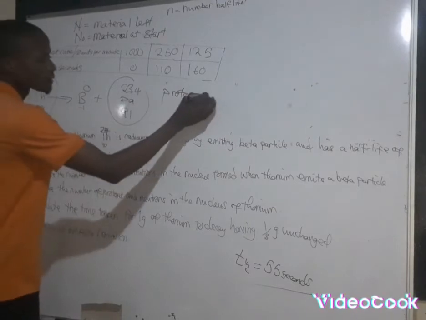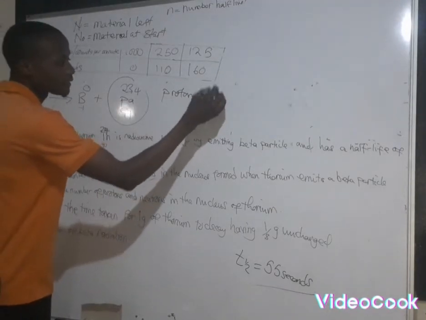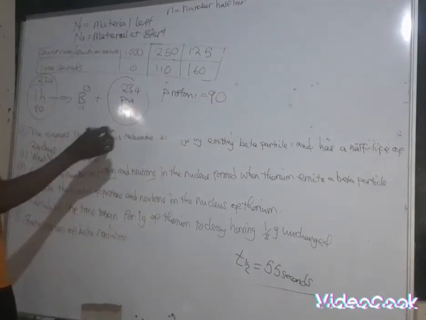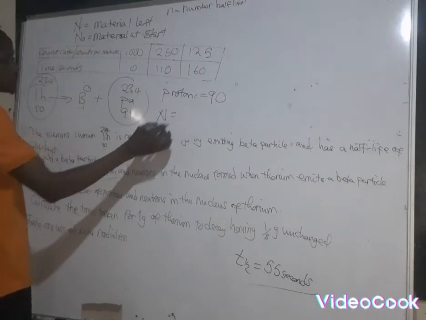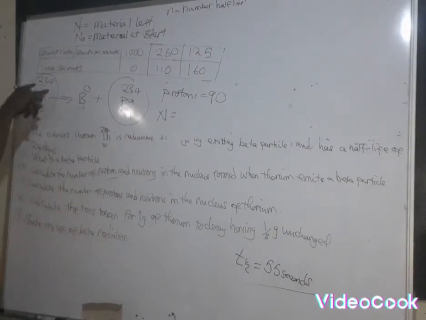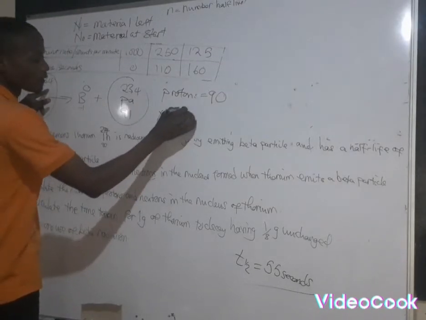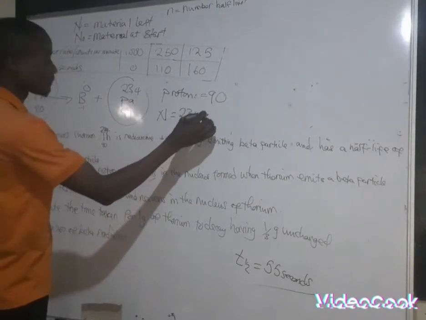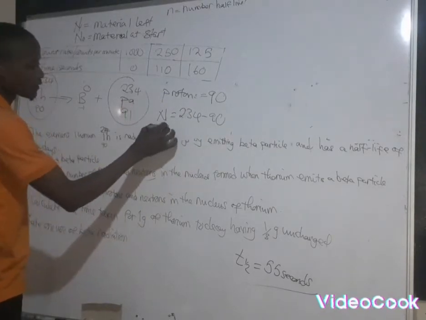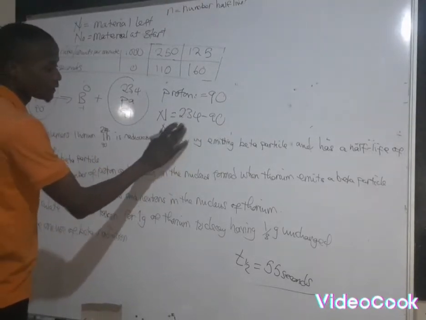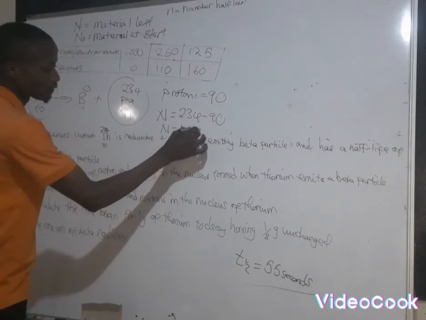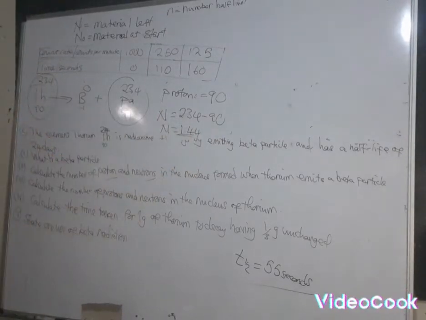Then how many neutrons are there? Neutrons equal 234 minus the proton number, which is 90, and the neutron number is 144. As easy as that.